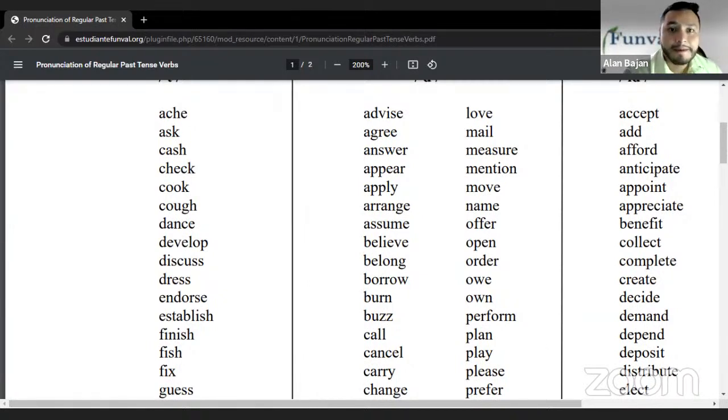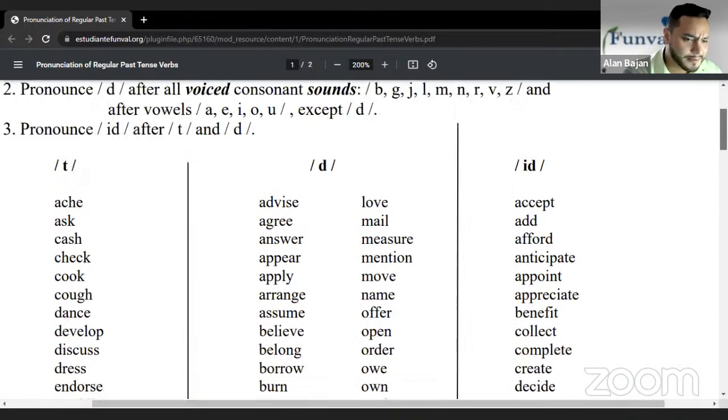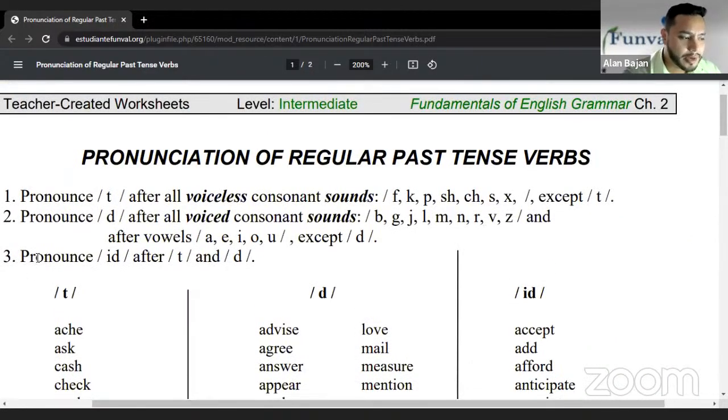So this is group number 2. The last group is the easiest one. We pronounce with id, repeat this sound, id, the verbs with the sound of T and D. Por eso es que acá decía excepto T y excepto D, porque ellos ya tienen su grupo.